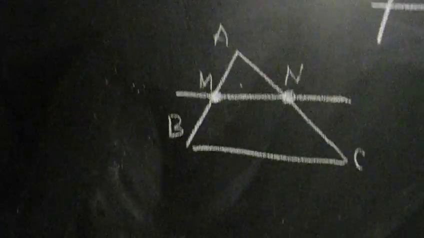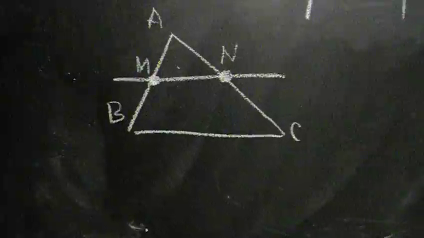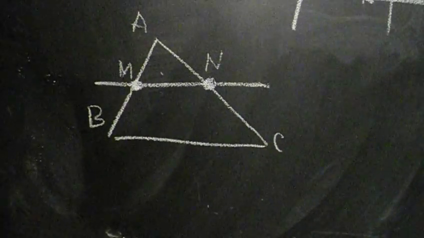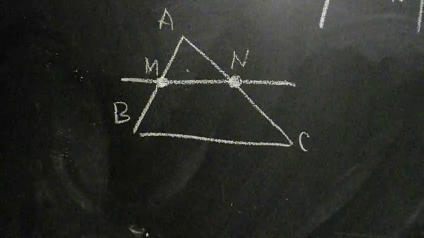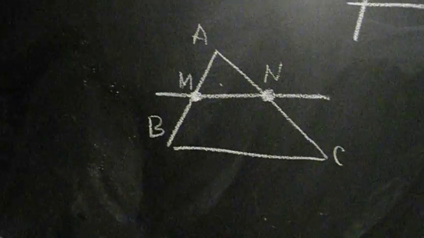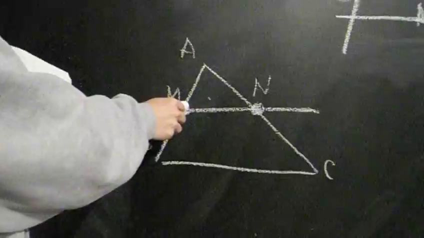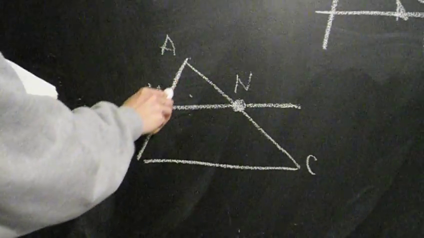The last one is a corollary, and it says a line that contains the midpoint of one side of a triangle and is parallel to another side bisects the third side. So here is a line, and it contains the midpoint of one side of the triangle, which is this.